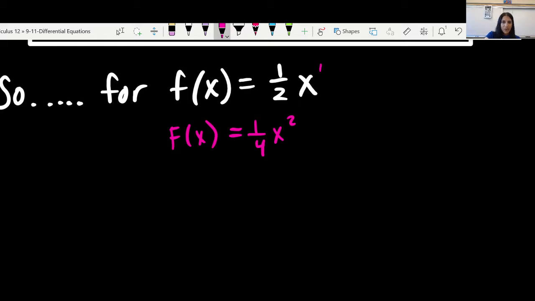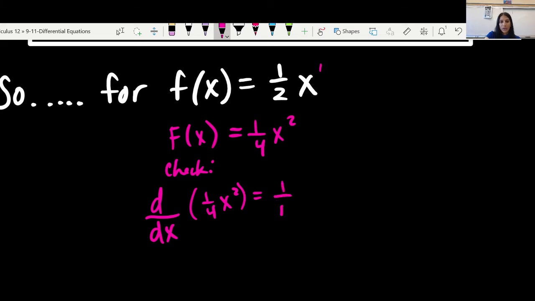And then now that we know that that's the antiderivative of it, we can check if what we've done is correct. So you don't need me to mark this stuff or check for you. How we could check is by doing the opposite, because that's what they are in relation to one another. So if I have d/dx of 1/4 x squared, then that would be like me saying 1/4.